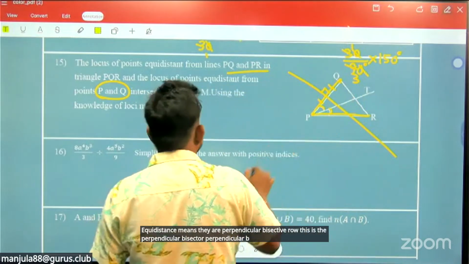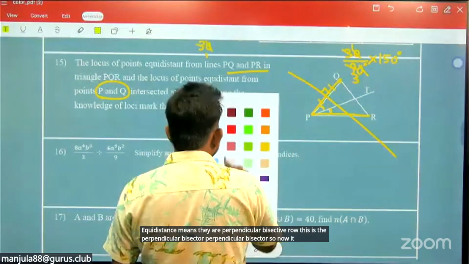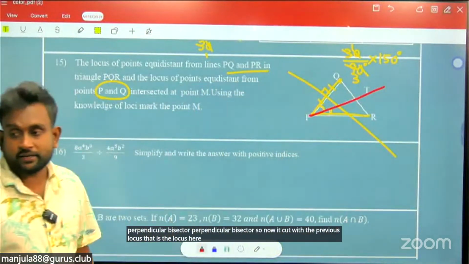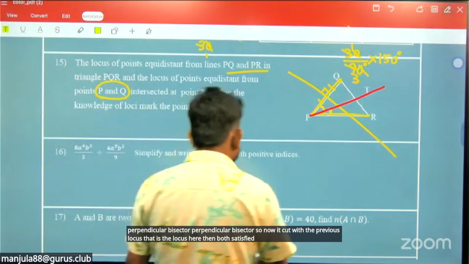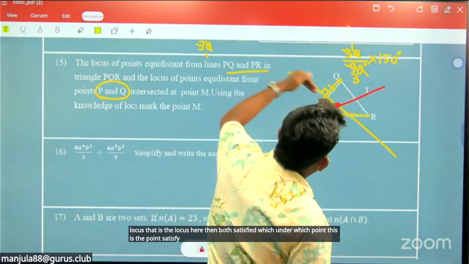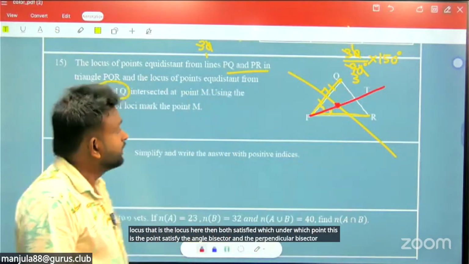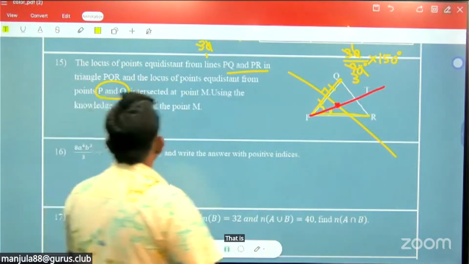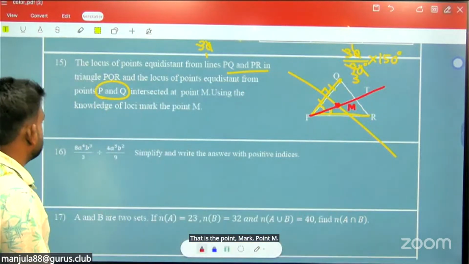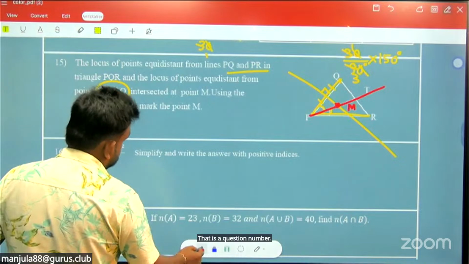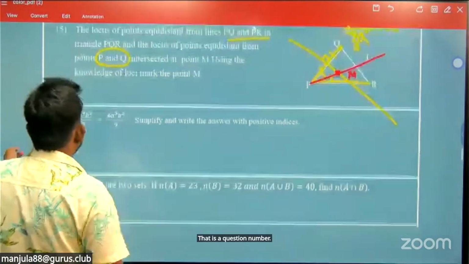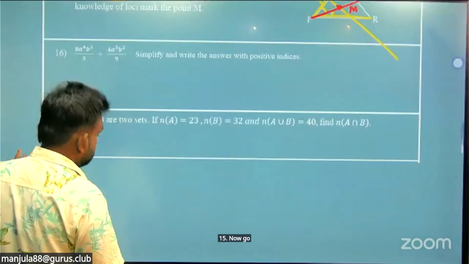So now it cuts with the previous locus, then both are satisfied. This is the point that satisfies the angle bisector and the perpendicular bisector. That is the point, mark point M. That is the question number 15 answer. Now go to question number 16.